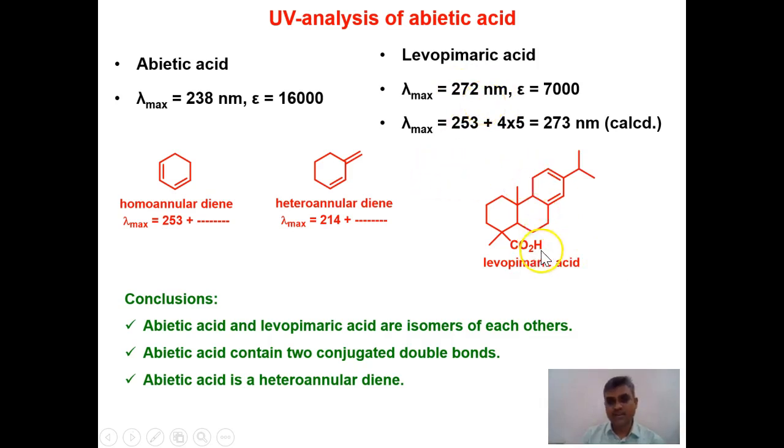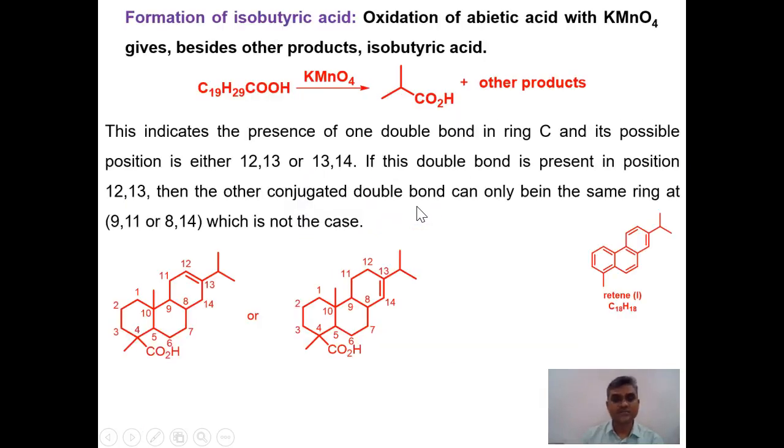Levopimaric acid and abietic acid are isomers of each other, but the positions of the double bonds are different. On the basis of this, it is very sure that abietic acid is a heteroannular diene. This means that in ring B as well as ring C, we should have the two different double bonds of abietic acid.